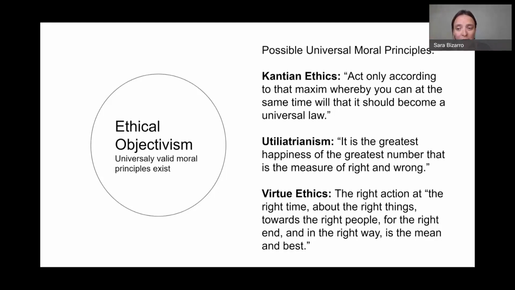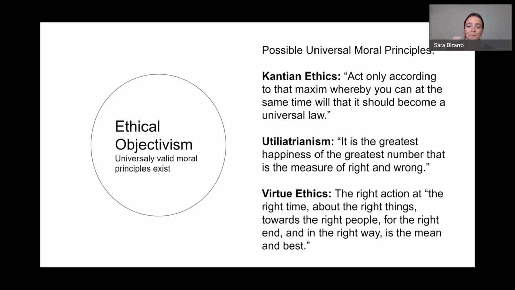Even virtue ethics, Aristotle, is objective in a sense. He does think that when you're faced with certain specific circumstances, there is the right action to do, and there are other actions that are wrong. All right, so he's kind of an objectivist in that sense. He just doesn't think you can universalize it for any other situation, but he does think that there's a right action.